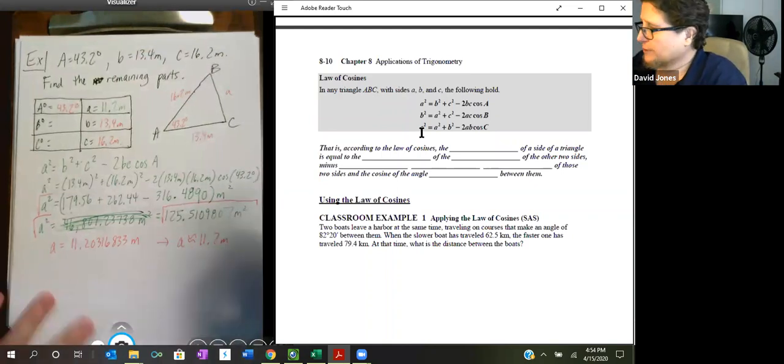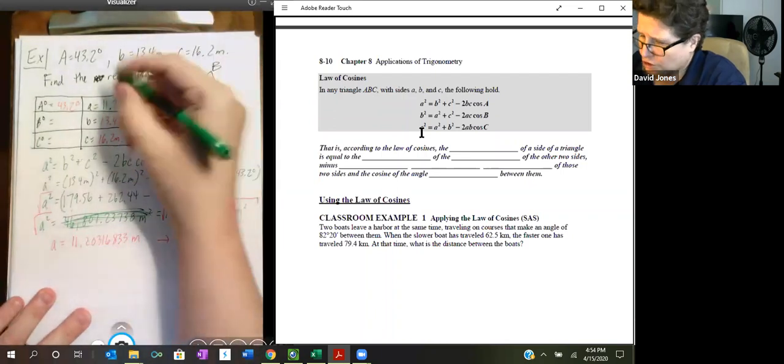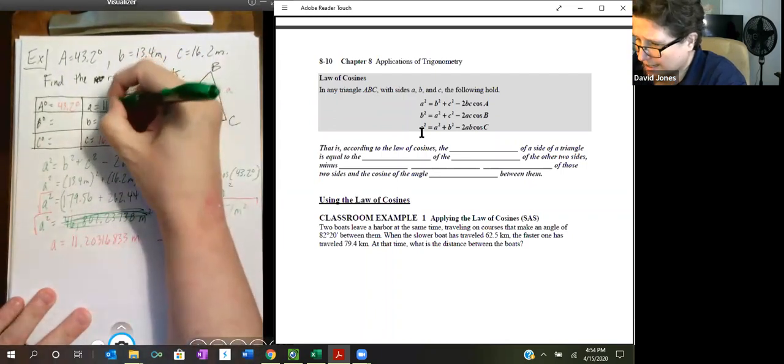So 11.2. Now what do we do? Which of these sides has the smallest angle opposite it?